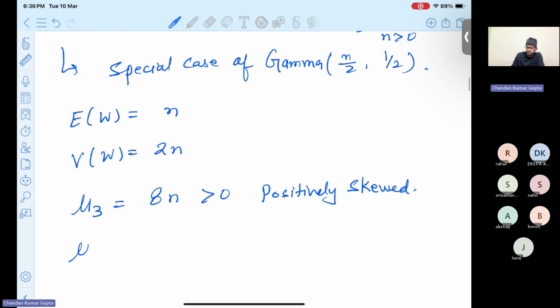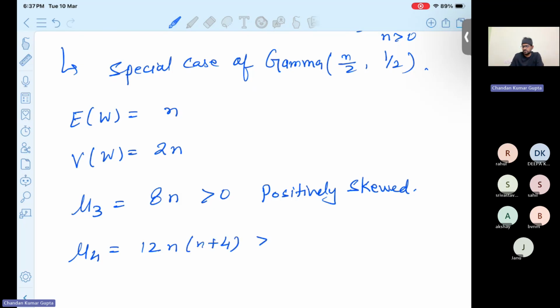Also mu4. The formula is mu4 upon mu2 square, and that comes out to be 12n(n plus 4).